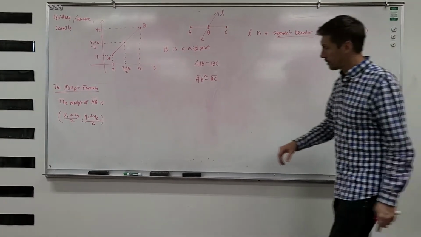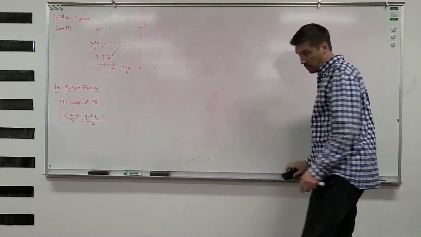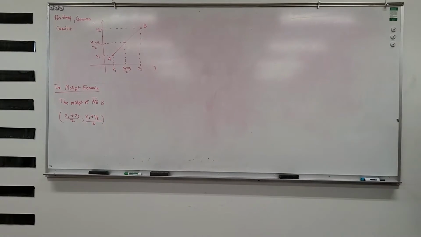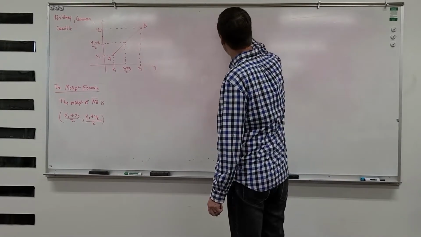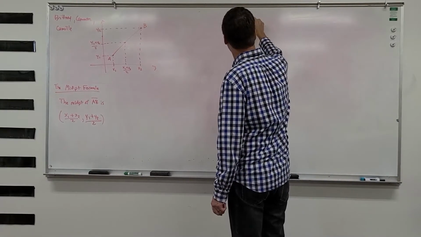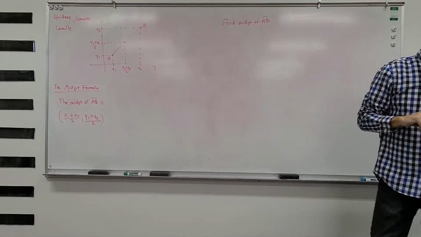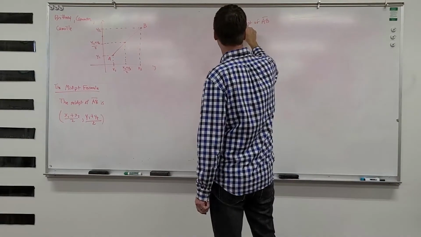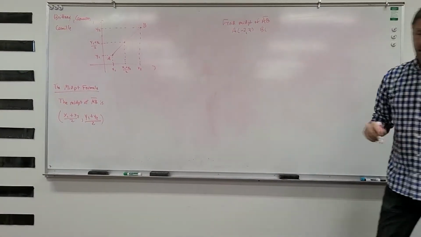So let's do an example in the book. This is example 1 on page 35, and it says find the coordinates of the midpoint of AB, where A is the coordinate -2, 3, and B is the coordinate 5, -2.